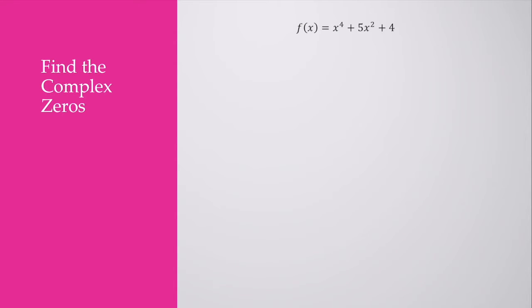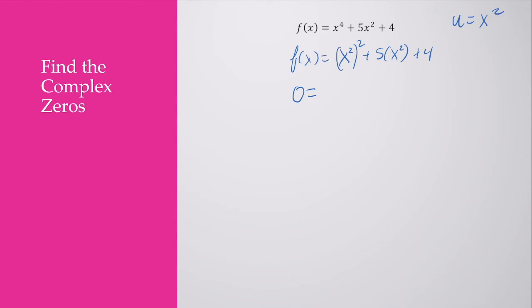So let's find the complex zeros. For this one, we're going to use u substitution. Think way back to, I think, chapter 8, when if I had something that was quadratic in form, I could rewrite that using u substitution. Because if I have f of x equals x to the fourth plus 5 times x squared plus 4, I could let u equal x squared and solve this equation.